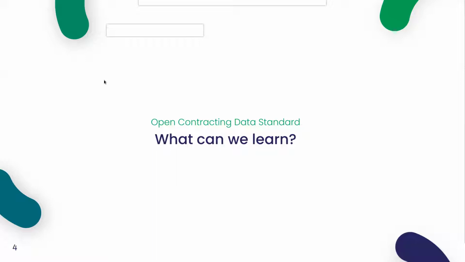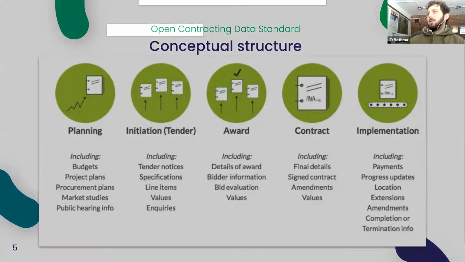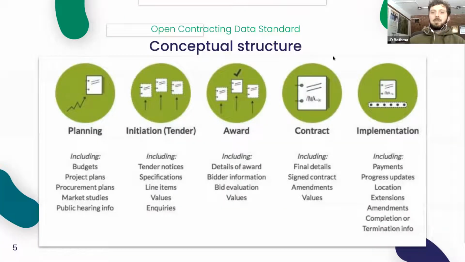So first of all, what can we learn from the Open Contracting Data Standard? For me, it's a really helpful conceptual structure for the different kinds of information that exist in the space. It lays out the different stages and the different kinds of artifacts that exist at each stage.